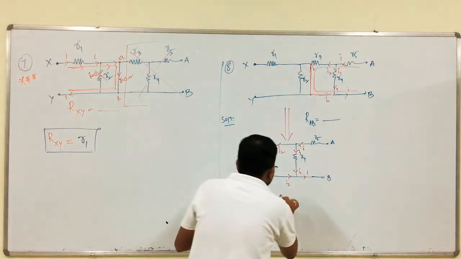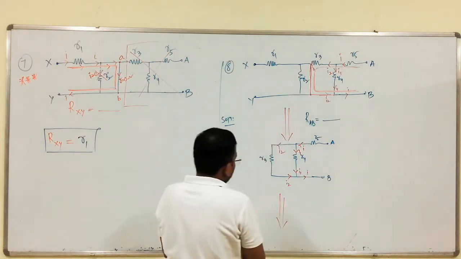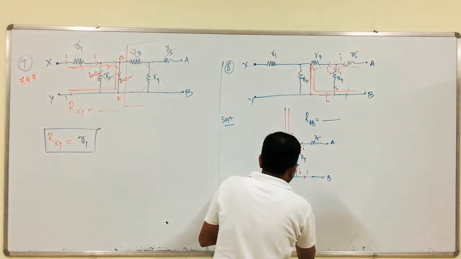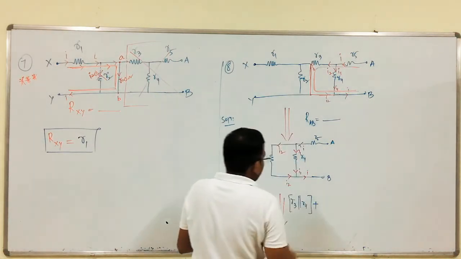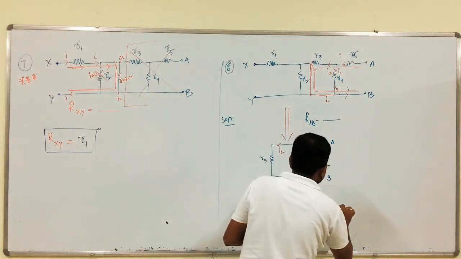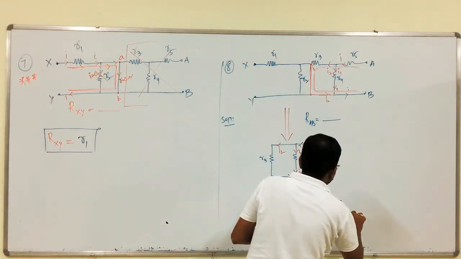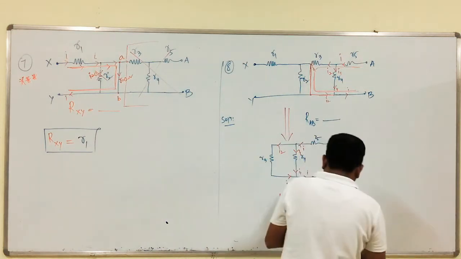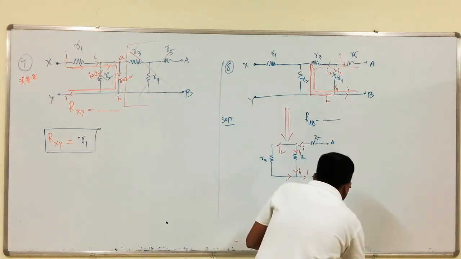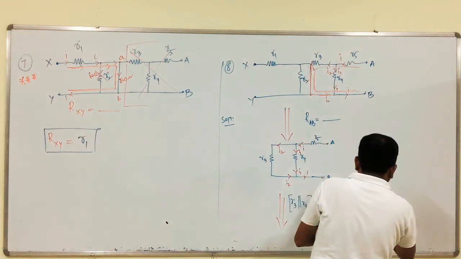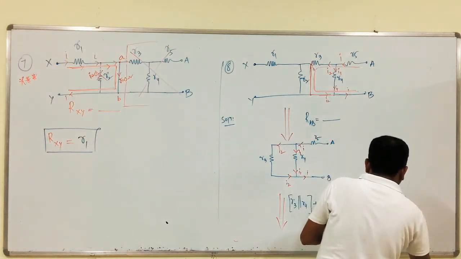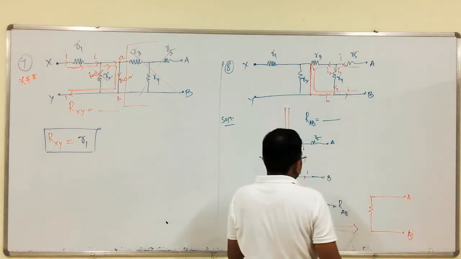Then tell me from this, what is the answer? R3 is parallel with R4, which is connected in series with R5. This is nothing but RAB. Therefore, the circuit becomes what? This is B, this is A, right.